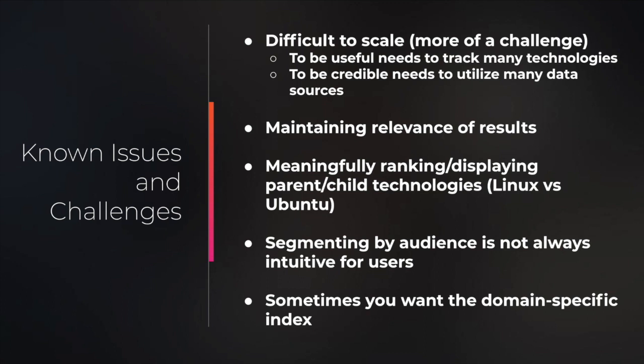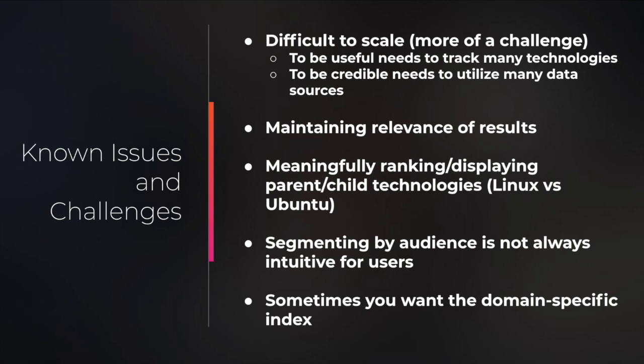And then the last bullet point there: sometimes you do want just a specific domain index. You want to be able to look at front-end frameworks, relative popularity, one versus another. There is some signal on that from resources like the Stack Overflow Developer Survey. But we hope to be able to do better than we currently do, and hopefully better than competing alternatives out there in the future.